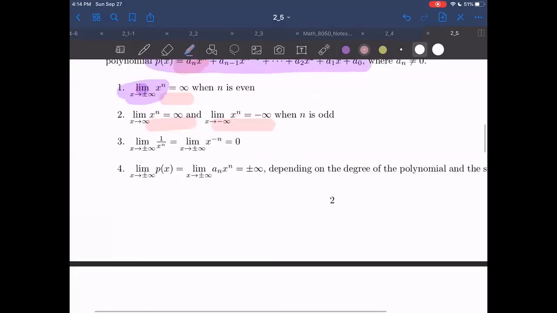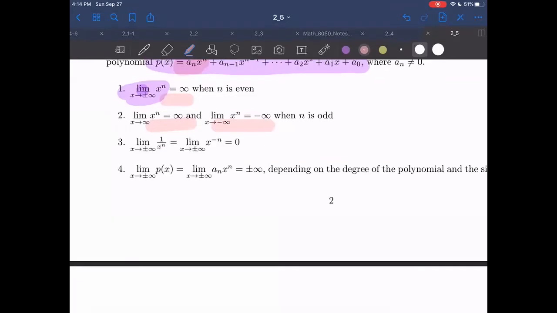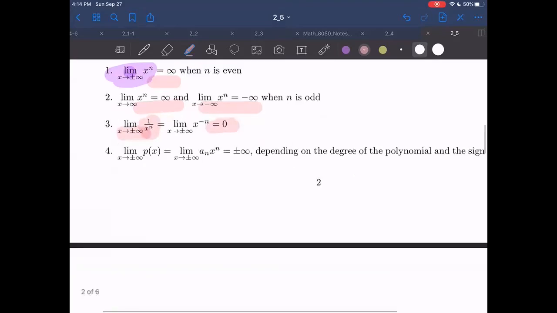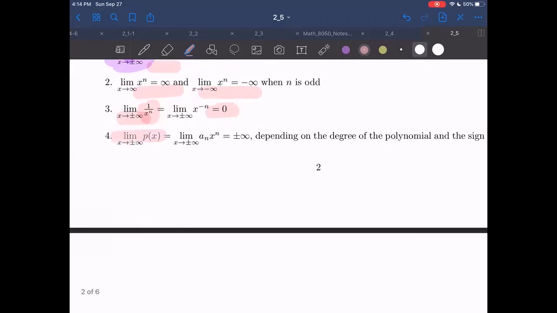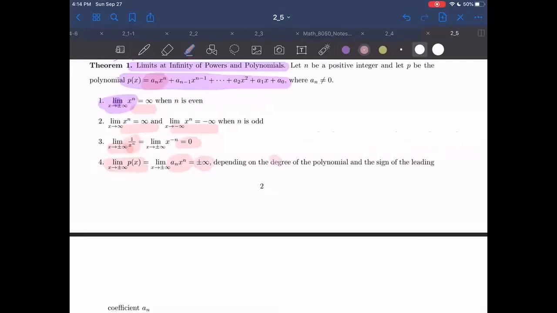If we've got, for example, the limit of 1 over x to the n as x approaches positive or negative infinity, that'll equal 0. Anytime you've got a fraction like this and you're approaching positive or negative infinity, that'll equal 0 always. And if we're looking at a polynomial, we just take the term with the highest degree, the highest exponent, and that'll be positive or negative infinity depending on the degree of the polynomial and the sign of the leading coefficient.